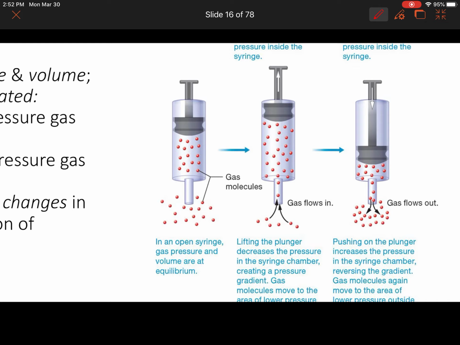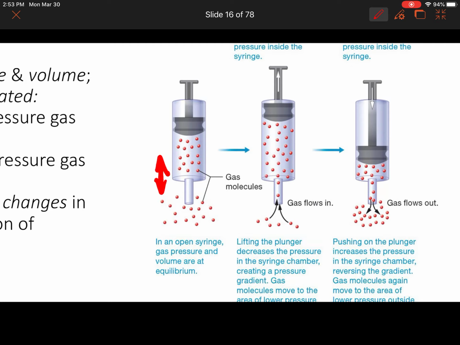However, because it doesn't have a cap on it, the gas molecules are free to move in and out of the syringe. So after a certain point, the gas molecules will reach a type of equilibrium, so just as many gas molecules are going in as are going out, and so the internal pressure will have some measure.